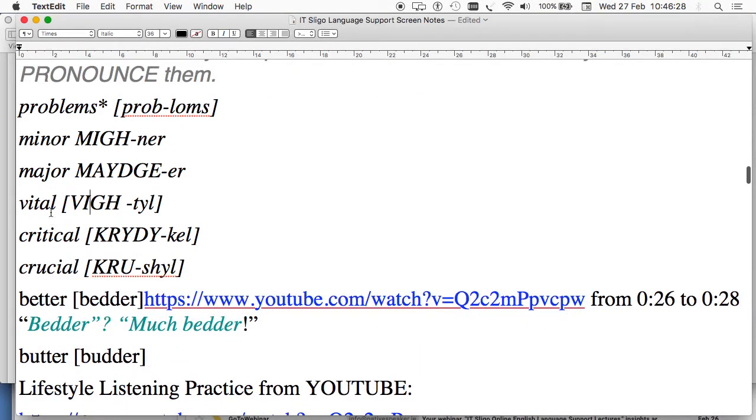There's another one that often comes up. Our European cousins often say vital or vital. Critical, okay, it's not critical, it's critical. Critical, okay, so we get some practice with that. And then this word crucial. So some of our Spanish, Italian and French cousins often say crucial, but it's actually crucial, crucial, critical, crucial.